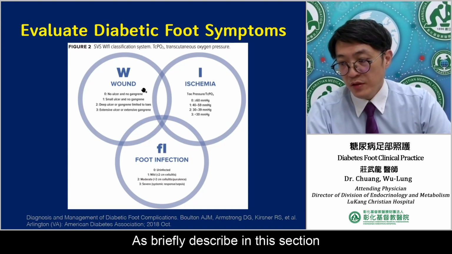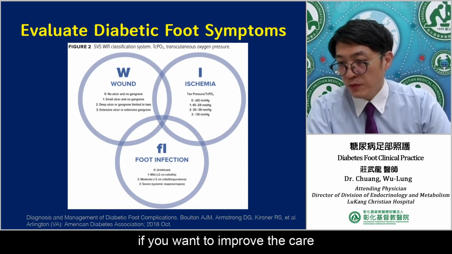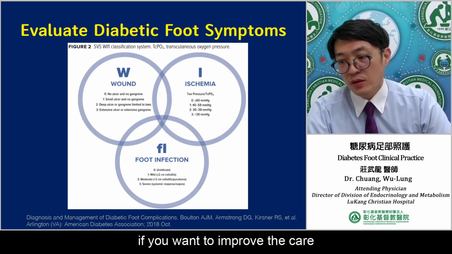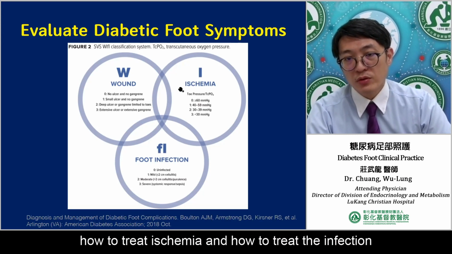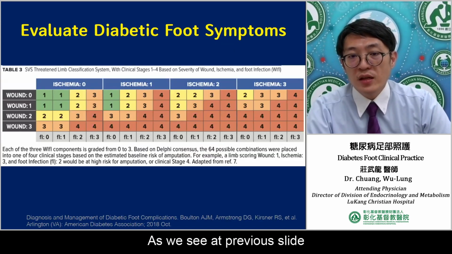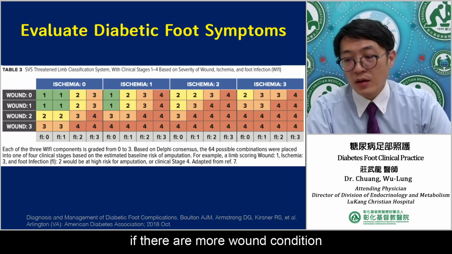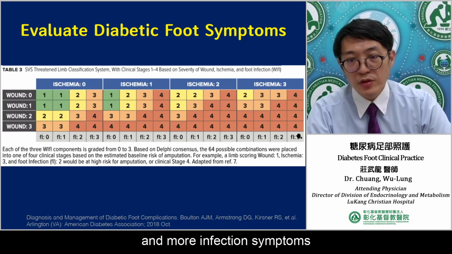As briefly described in this session, you want to improve the care. You have to know how to treat the wound, the ischemia, and the infection. As we saw in the previous slide, if there is more wound condition, more ischemia symptom, more infection symptom, the risk is especially high.